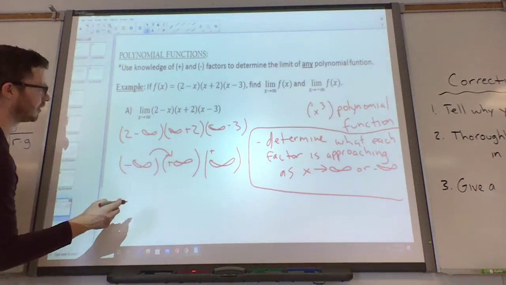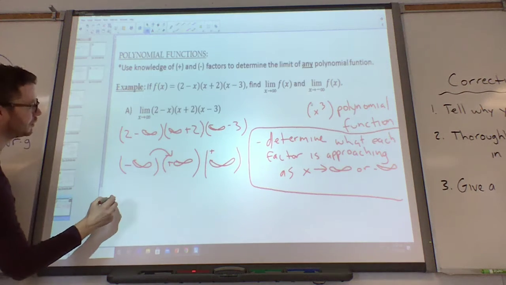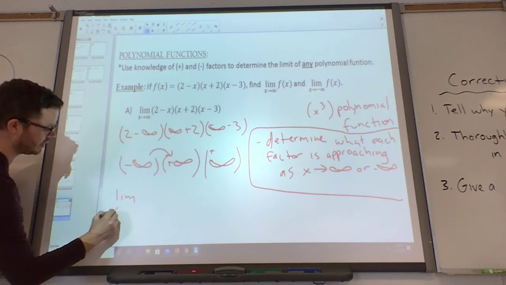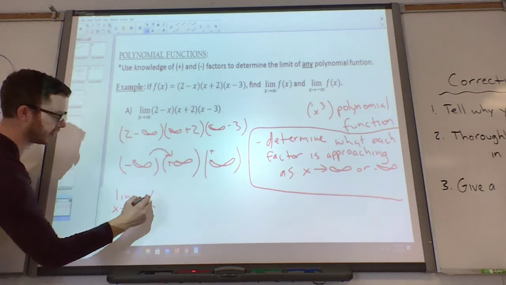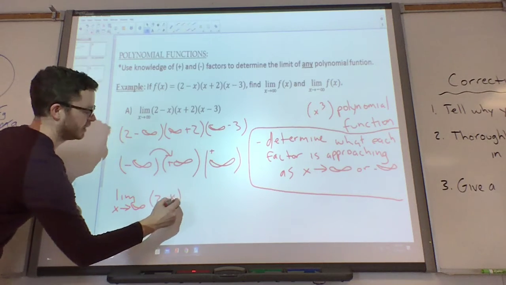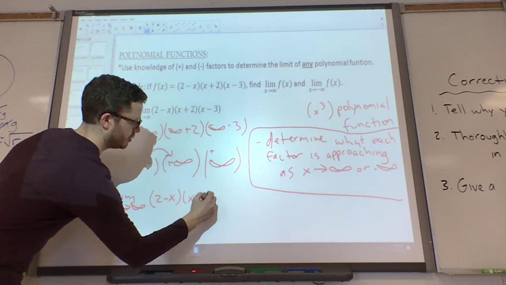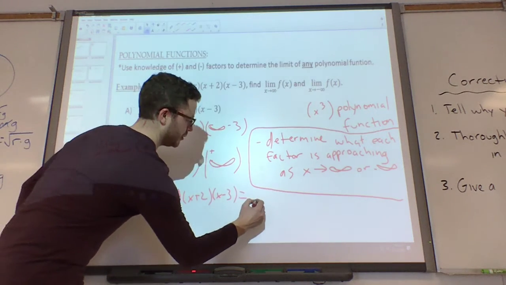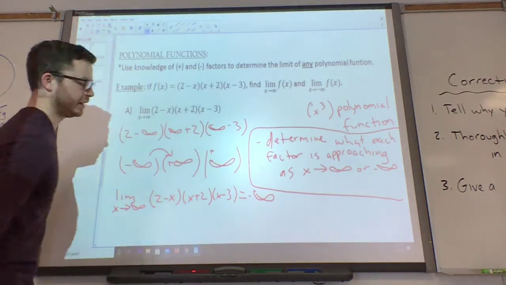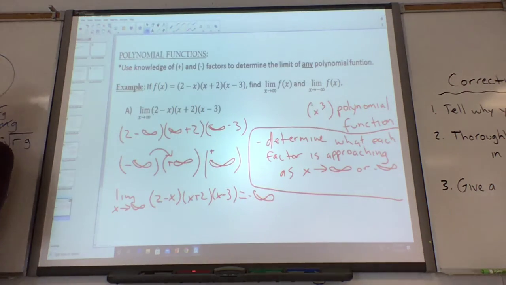So our final answer, so the limit as x approaches infinity, and I'm just going to rewrite this again, 2 minus x, x plus 2, x minus 3 is equal to negative infinity. Not too bad, hey? Great.